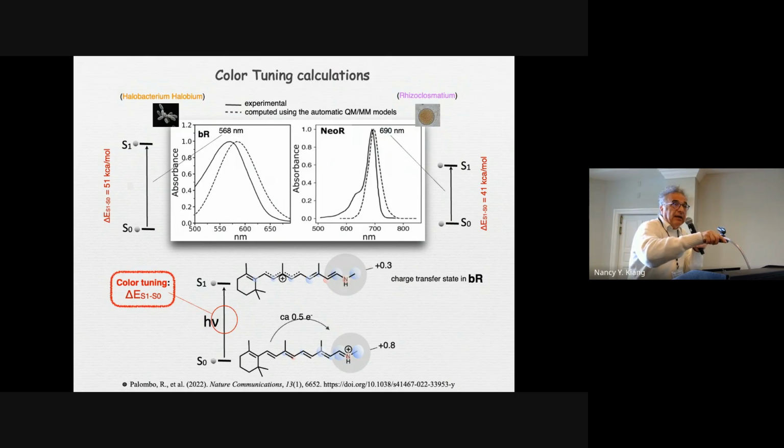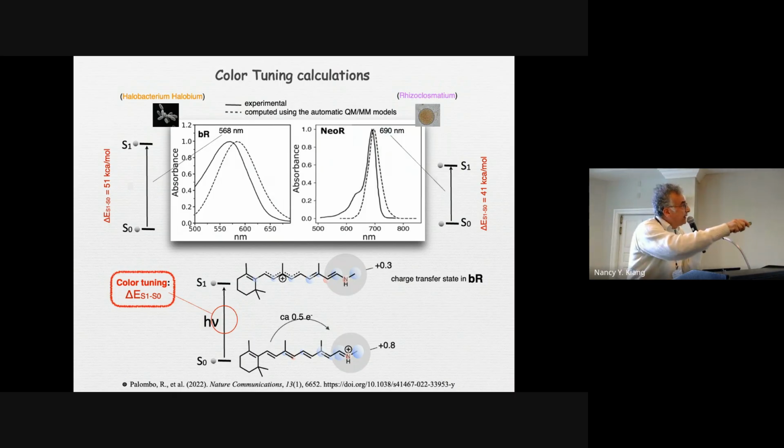But if the electrostatic field is destabilizing the positive charge in this region, then you will have a red shift, because of course this gap will decrease by destabilizing the ground state with respect to the excited state. So it's all a matter of the electrostatic field generated by the protein environment to modulate the lambda max.